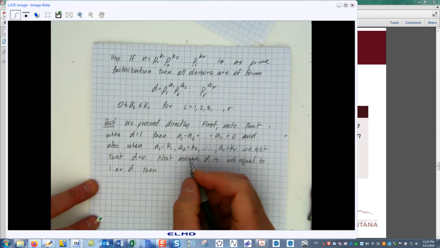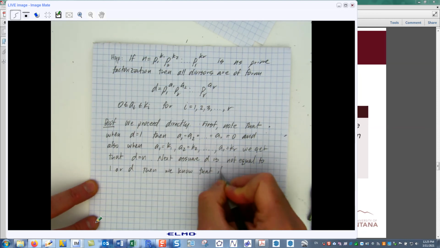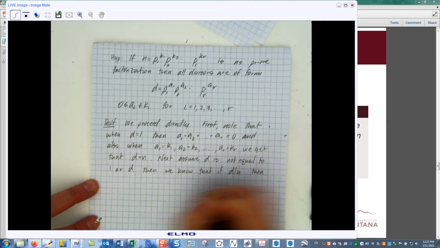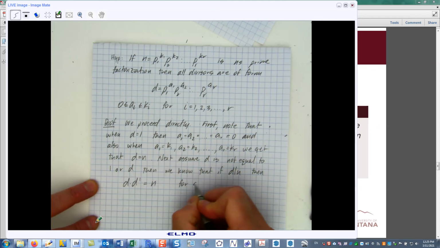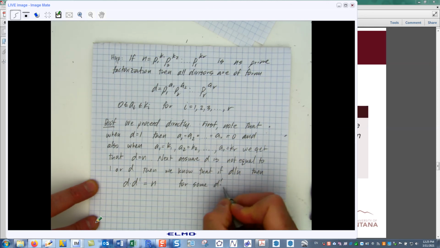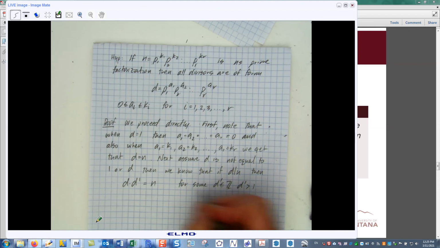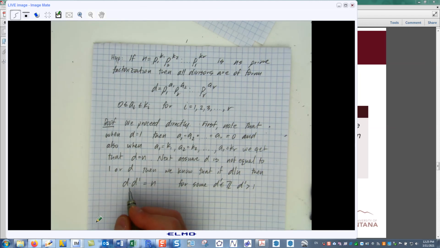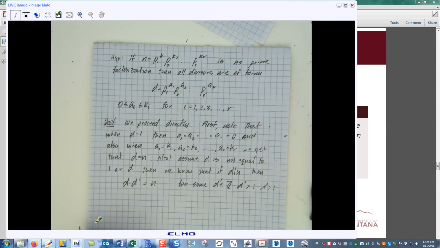Then we know that if d divides n, then d times some d prime must be equal to n, for some d prime in the integers, and d prime has got to be greater than 1, and d is greater than 1 as well. So we're just talking about positives only.